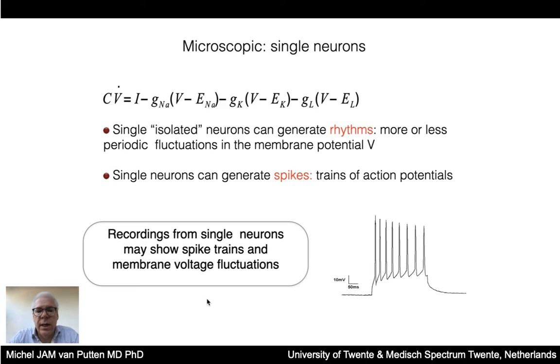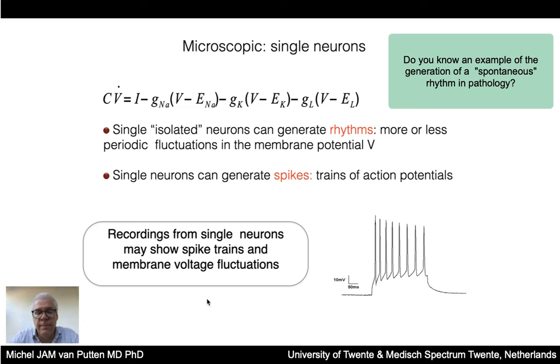So indeed, single isolated neurons can generate rhythms, which are more or less periodic fluctuations in the membrane potential. And these rhythms can be generated, depending on the particular kind of the neuron, if the neuron is stimulated with a sufficient current, but it's also possible that neurons generate rhythms spontaneously without an external current.